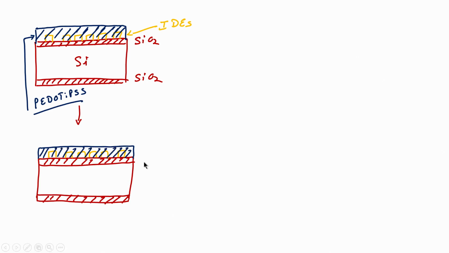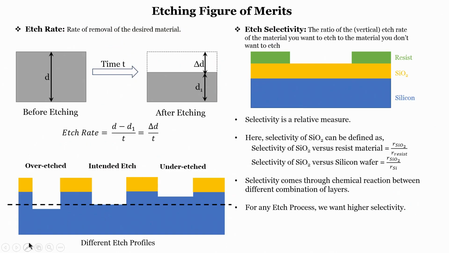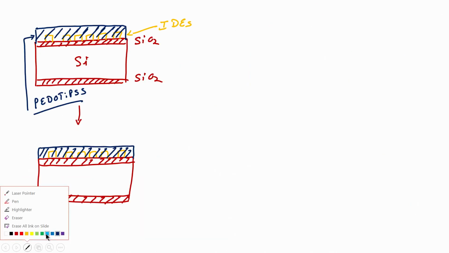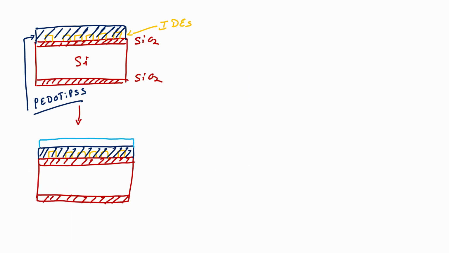On this, what will we do? We will spin coat positive photoresist. This is my positive photoresist, right. The remaining layers are the interdigital electrode, PEDOT:PSS, silicon dioxide and silicon.